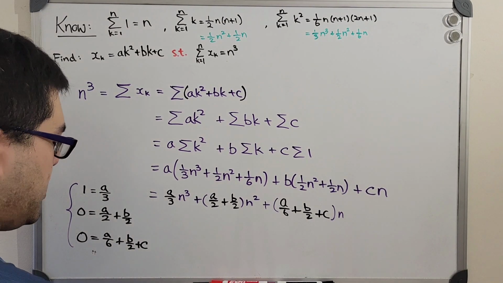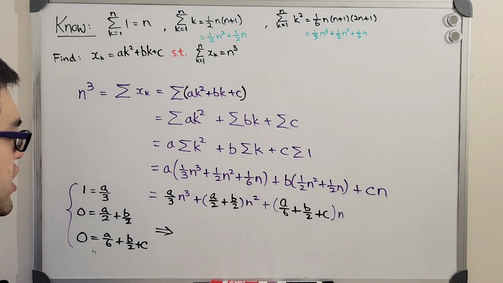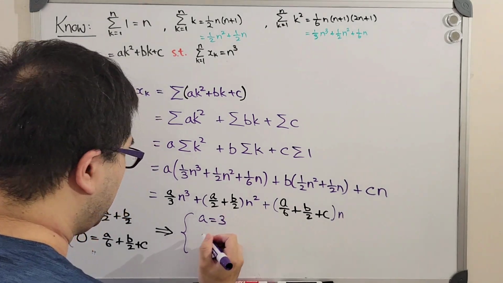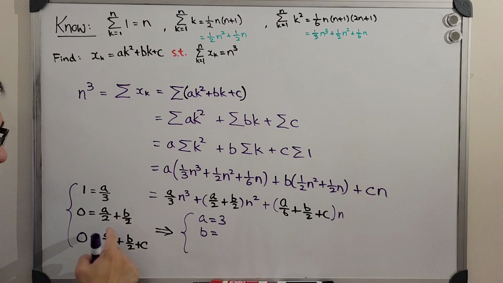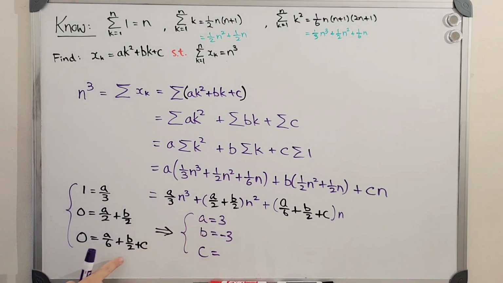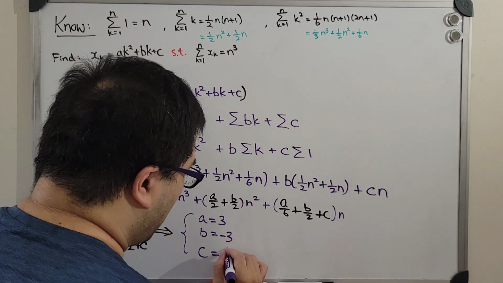Okay, now as we solve the system of equations, we get a is equal to 3, b is, if we substitute, -3, and c, as we substitute a and b into the last equation in the system, we get 1.